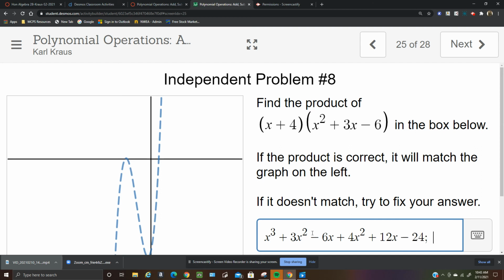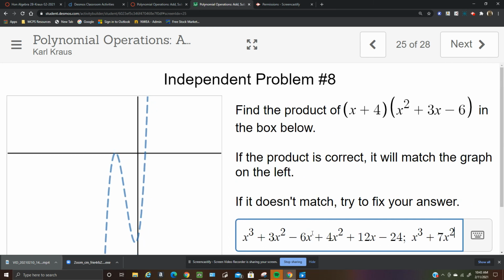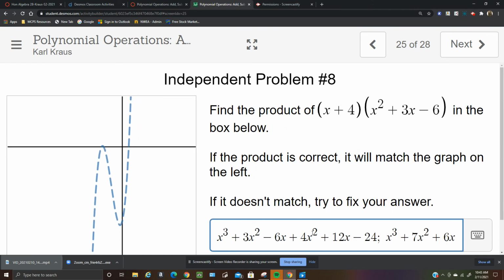Combine like terms. X cubed plus 7x squared plus 6x minus 24.